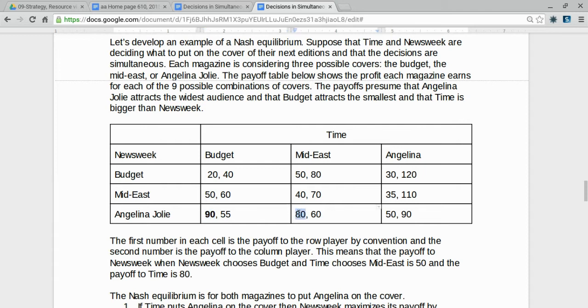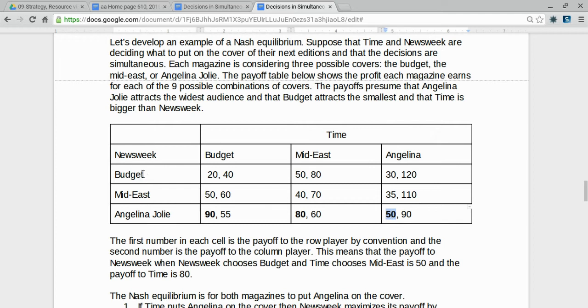Again, 80 is the highest payoff in the second column. So if Time chooses Mideast, Newsweek wants to choose Angelina Jolie. If Time chooses Angelina, again, Newsweek would like to choose Angelina Jolie because 50 is the highest payoff in the Angelina column.